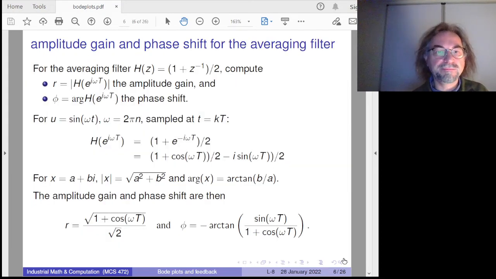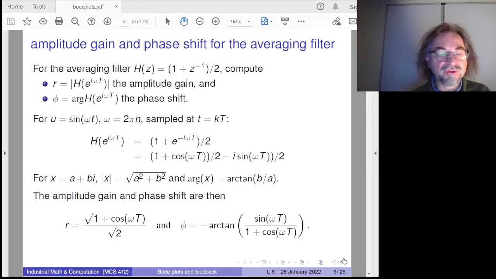Okay, so let us compute this for the averaging filter, because we want to know what an averaging filter does to an input signal. So we're going to compute the amplitude gain.